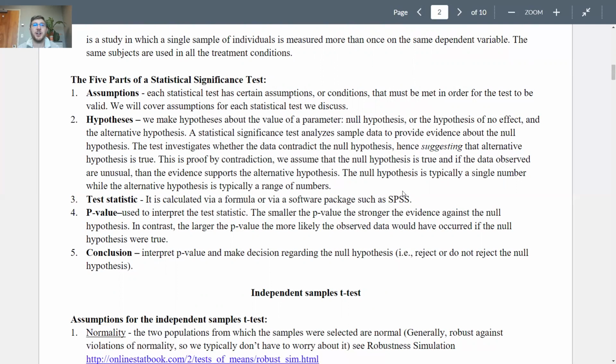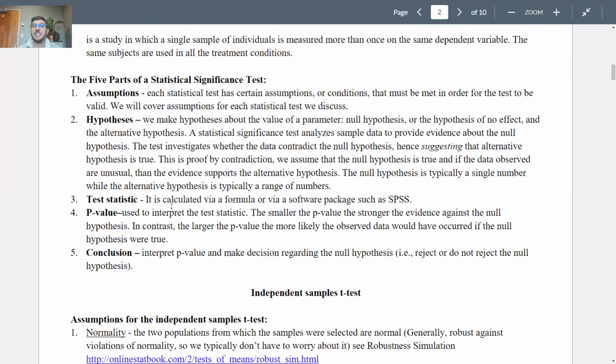We're going to start off by making the assumption that the two groups are not different, and then we're going to collect data and see if there's evidence in this sample to suggest that there is a difference between the groups. So the test really investigates whether the data contradicts the null hypothesis, therefore suggesting that the alternative, that the groups are different, is actually true.